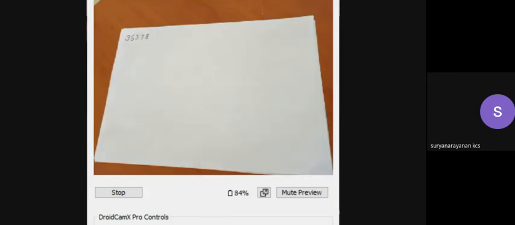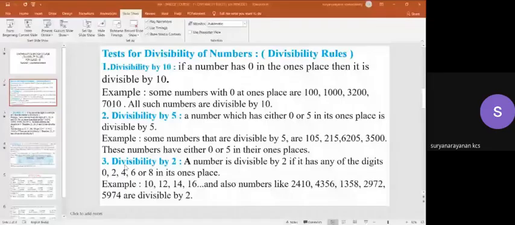Right. Now come to the next divisibility rule. Let us discuss the next divisibility rule. Okay, my children. See the next divisibility rule.